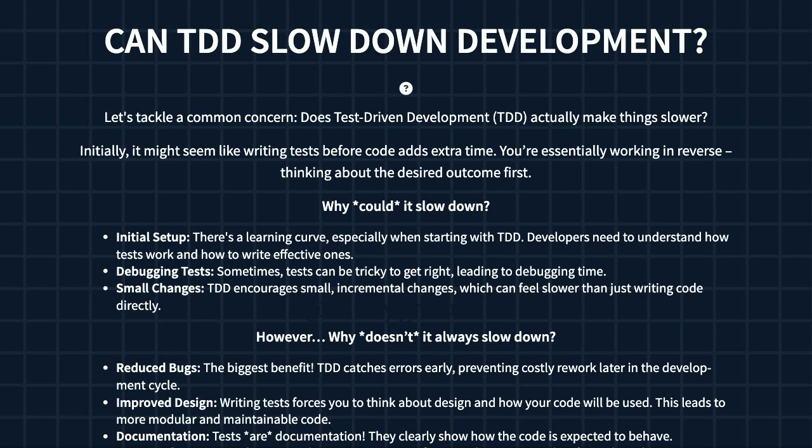But here's the thing, writing tests first forces you to think really carefully about how your code will work, which leads to much better design and fewer bugs down the road. Plus, those tests actually act as documentation. And if you need to refactor later, having a robust test suite makes that process way safer and faster. So, while there might be a small initial slowdown, TDD consistently delivers long-term gains in terms of code quality and maintainability.